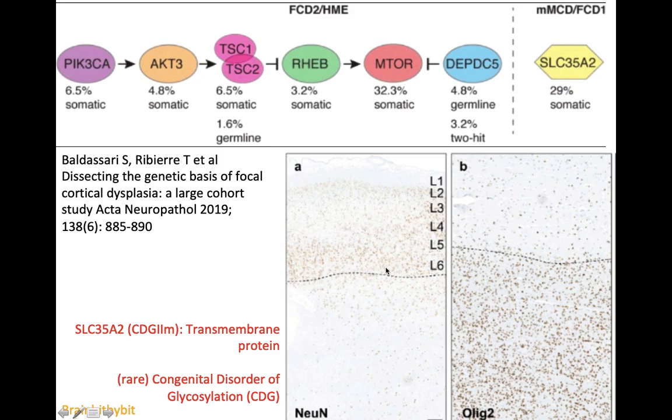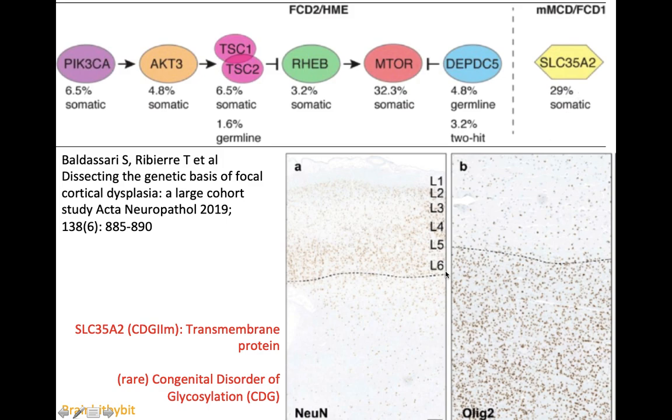And in MOGHE you often have the same mutation as in FCD type 1. So there's not a problem with the mTOR, but with this unpronounceable gene.